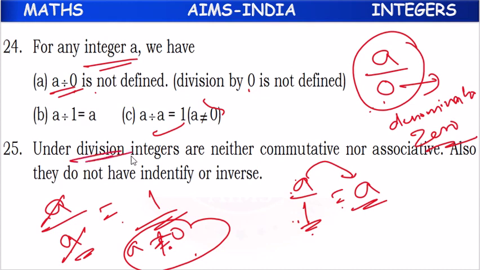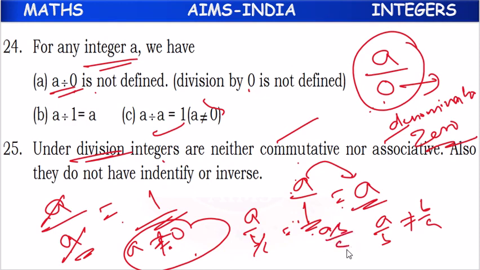So here, division of integers is neither commutative nor associative. This means a by b is not equal to b by a, and (a by b) by c is not equal to a by (b by c).